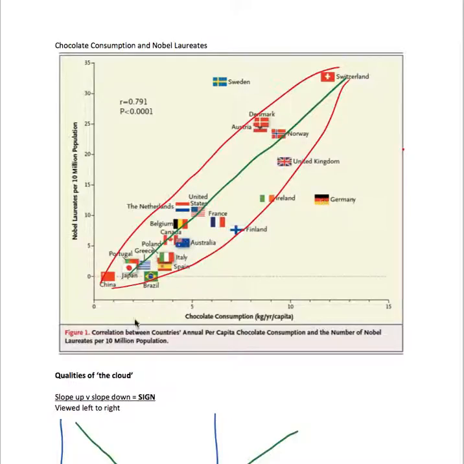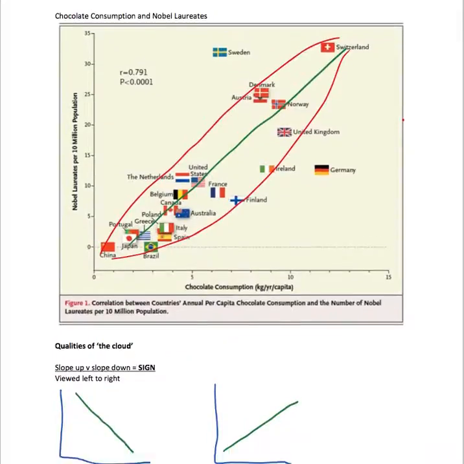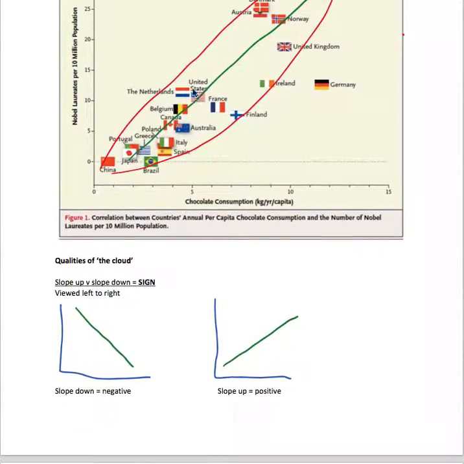Okay, so let's talk a little bit more about the qualities of the cloud, and we can relate that to our table here. Anytime it slopes down and to the right, viewed from left to right, that's called a negative slope. Anytime it slopes up and to the right, that's called a positive slope. And so from now on, we're going to call this the sign of that particular correlation.